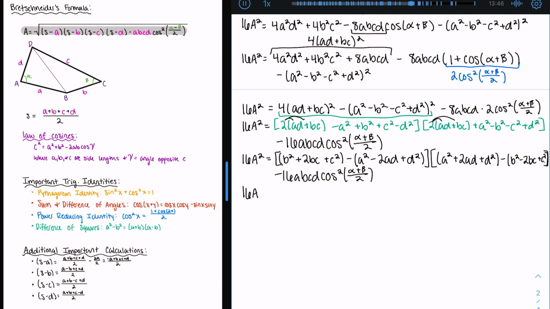Now, if I factor these pieces that I have in the parentheses within the brackets, this first one becomes B plus C squared. Second one is A minus D squared. And then in the next bracket, I will have A plus D squared minus B minus C squared. And still, I am carrying down this piece.